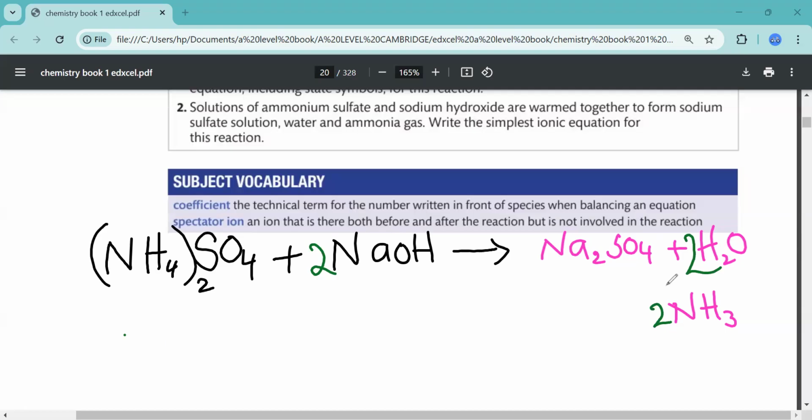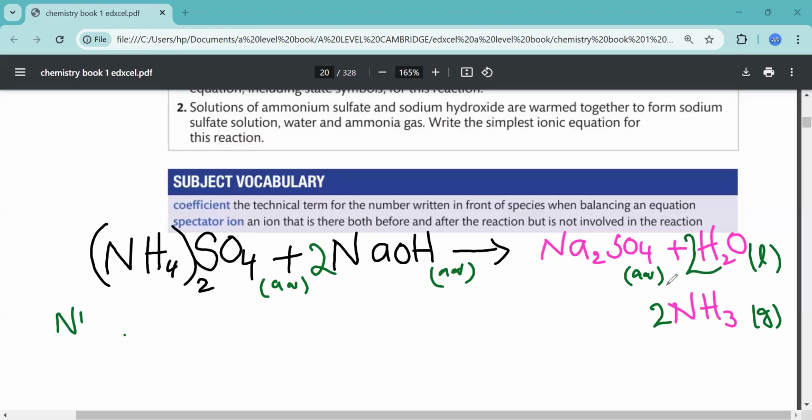So we will write down the ions, meaning the ionic equation first. This is aqueous, this is aqueous. This is aqueous because in the question they wrote the word solution. Water is always in the form of liquid. Ammonia is a gas. Remember the rules. You write down ions of the aqueous things.